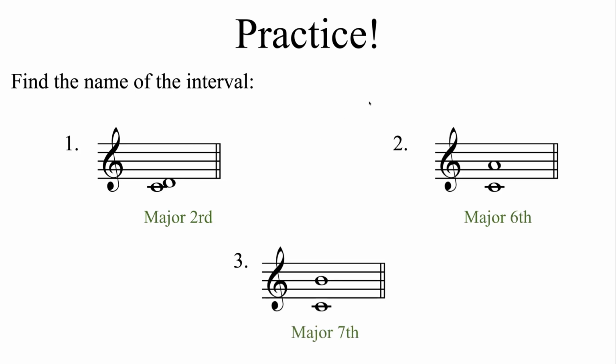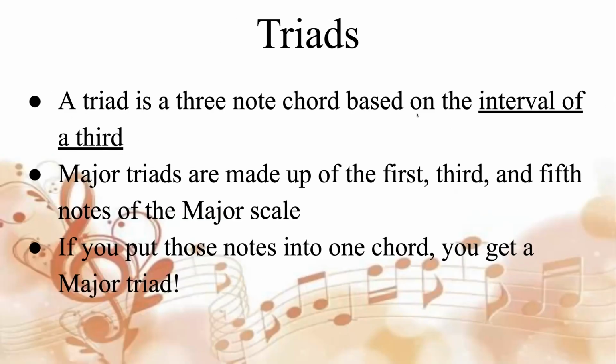Yesterday we also briefly went over triads, and we're gonna be continuing with that today. A triad always has three notes because tri is three. It's based on the interval of a third, as I said before, which is why major and minor thirds are so important, because triads and chords in general often use them.